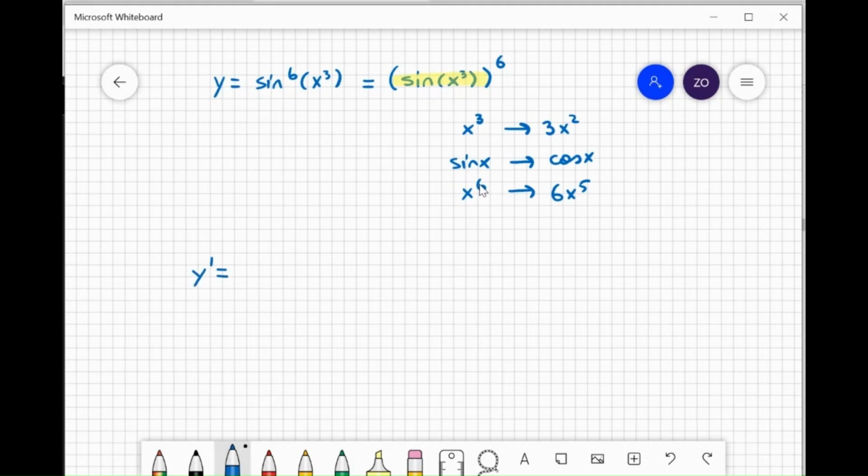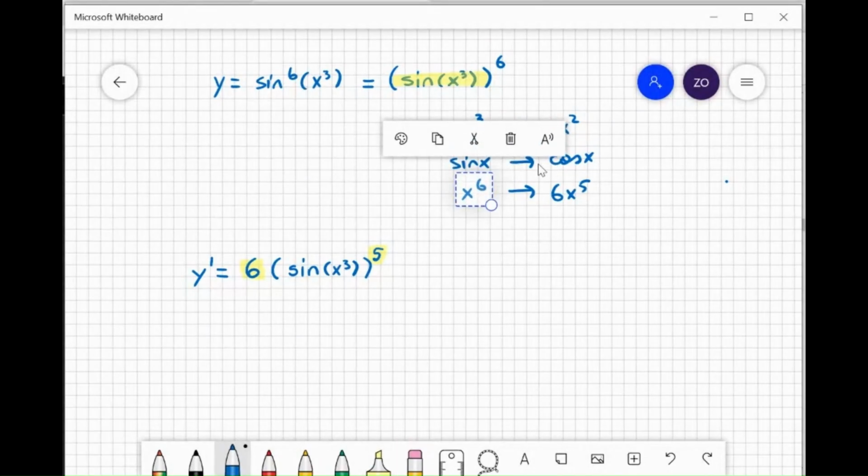The derivative of y. This 6 will go to the front. We will just keep what is inside. So 6 times sine of x cubed to the 5th power. For the outermost function, take its derivative and evaluate it at the inside function.